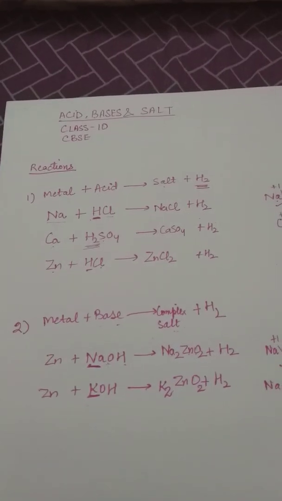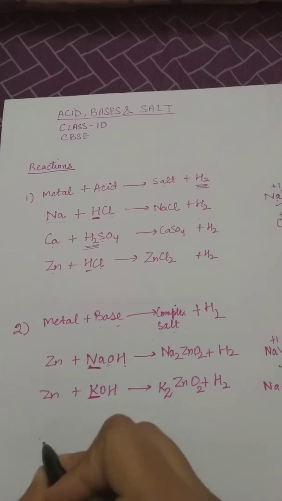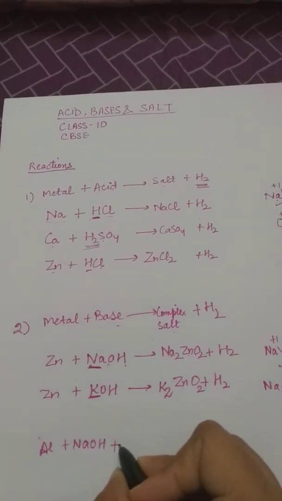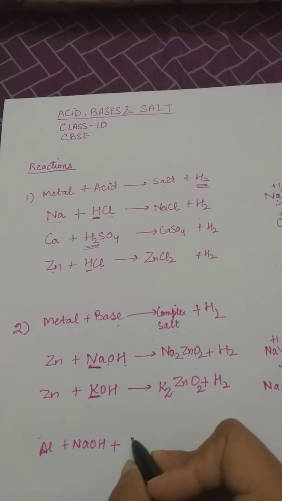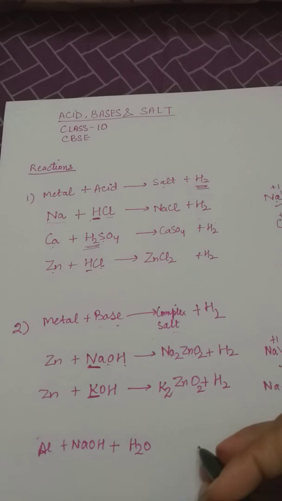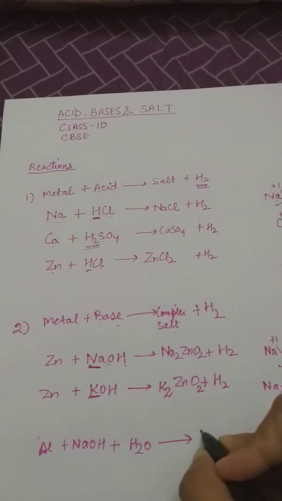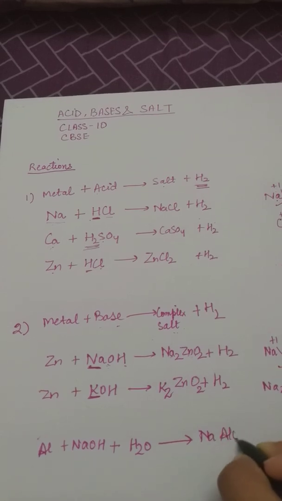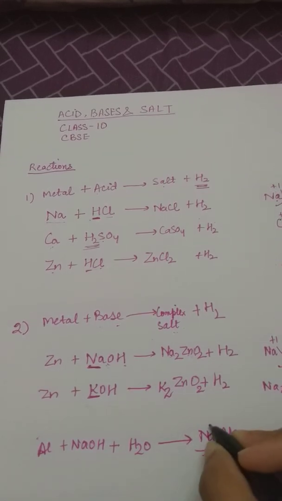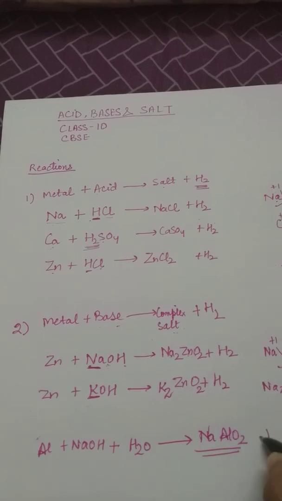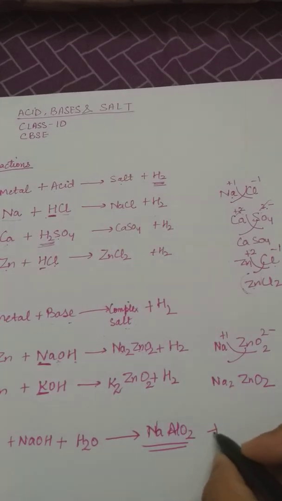Similarly you can do it with aluminium also. With aluminium there would be water also, because it is not such a strong metal to react with base. So the formula would be NaAlO2. This is the complex salt. Why is it a complex salt? Again you can see there are two kinds of metal, plus hydrogen would be evolved.